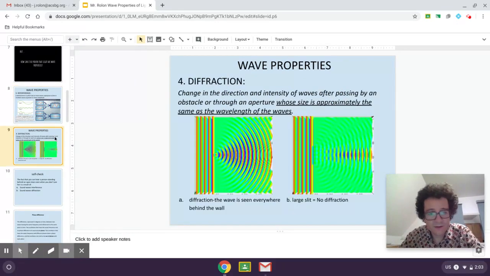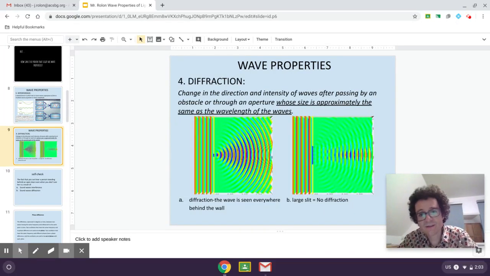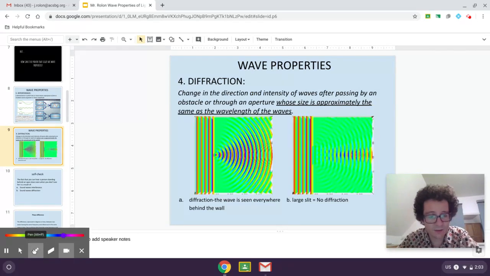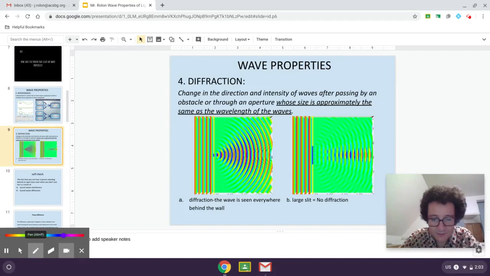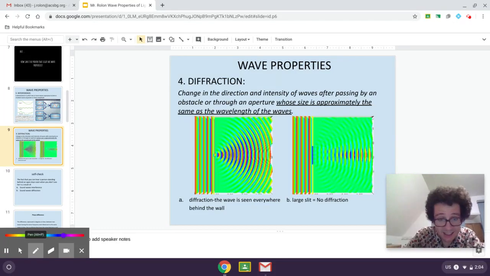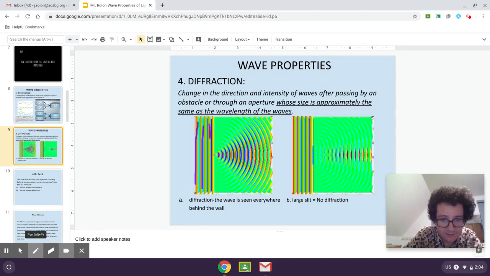And what's diffraction? Diffraction is the change of direction and intensity of waves after passing by an obstacle or through an aperture. So imagine that you are in the ocean or in a lake, and these things here are the waves.